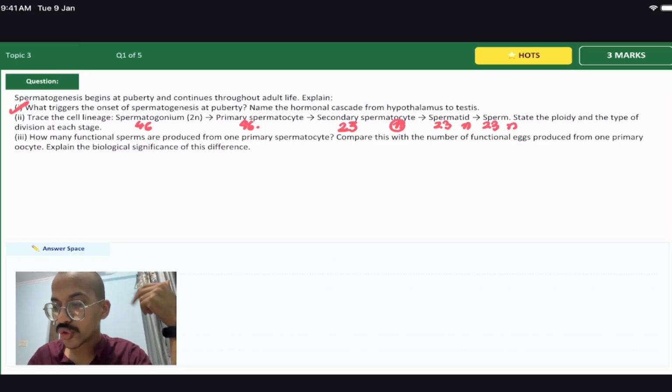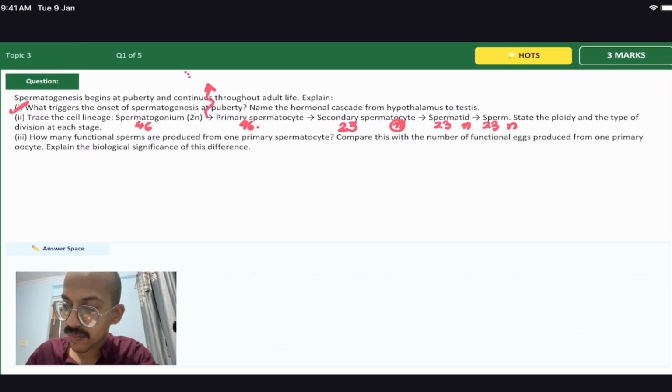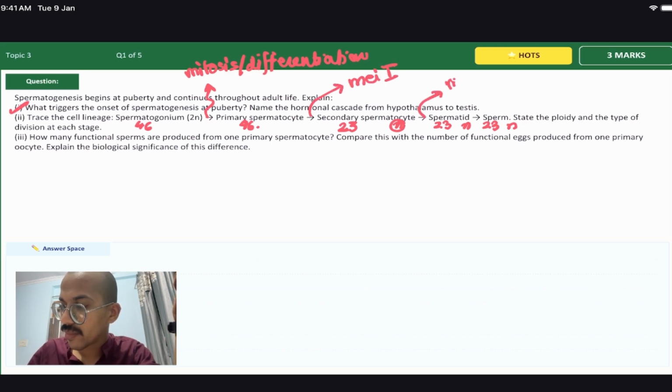Now the division going on over here is just mitosis and basically differentiation, nothing else. Okay, moving on, this is where meiosis 1 occurs, here meiosis 2 occurs, and here is just the differentiation.